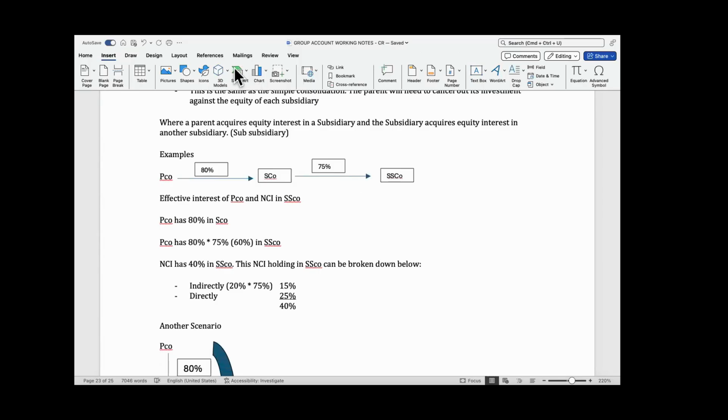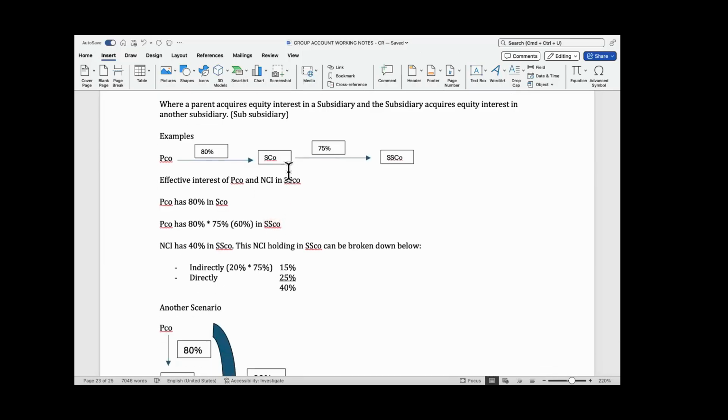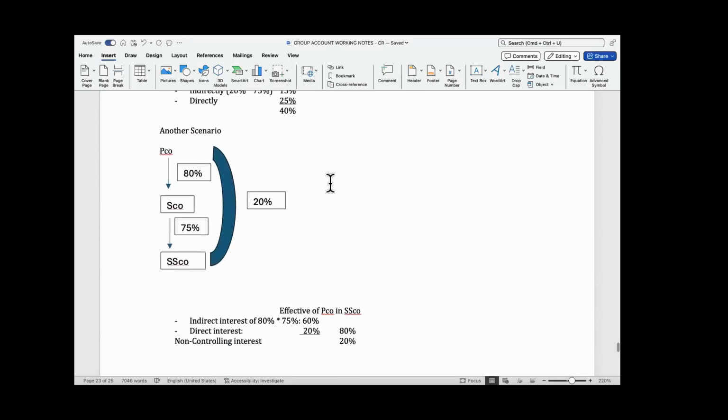When the parent wants to prepare consolidated financial statements, you need to determine the effective holding of the parent and the NCI in the subsidiary. Because the effective holding of the parent in his own direct subsidiary is always very clear. But what is not clear is his holding in the subsidiary's subsidiary. So we would need to solve questions on those ones today.